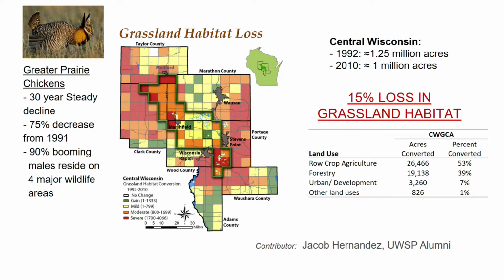Actually, we've seen a loss of 75% of all individuals, meaning the population has actually declined by 75% in real time. And what's left is that 90% of the prairie chickens remaining are in 4 major wildlife areas maintained by the Department of Natural Resources, spread out across an intensively agricultural landscape today.